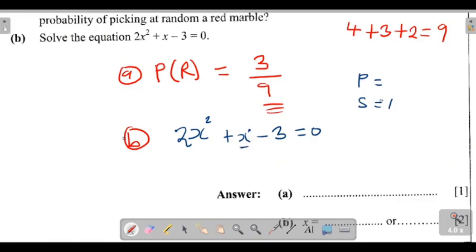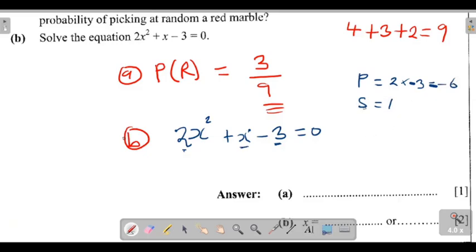For the product, you multiply the coefficient of x squared, which is 2, with the constant negative 3. 2 times negative 3 gives us negative 6. So we have product negative 6, sum 1.